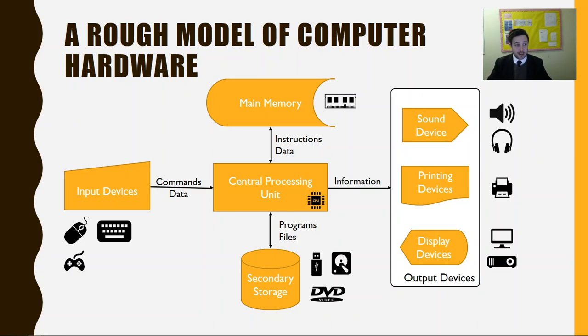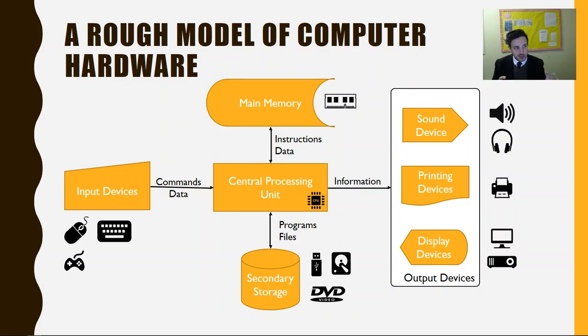Those collection of devices are known as the output devices. Now, if you had a system which just took inputs, processed it, and gave an output, that's basically any kind of machine. A calculator does that, and really that doesn't differentiate itself from a computer. So the two other key components that all computers have are secondary storage and main memory.